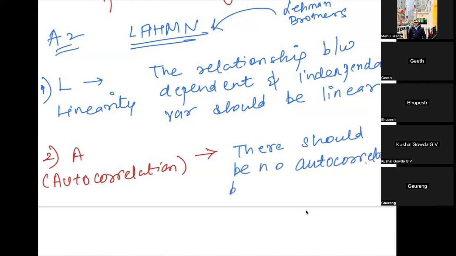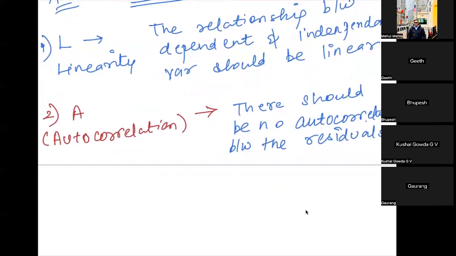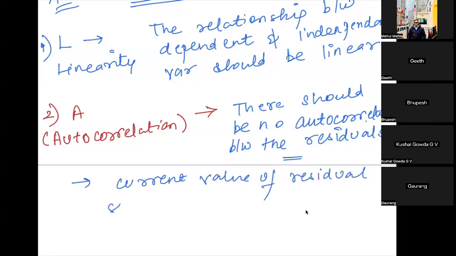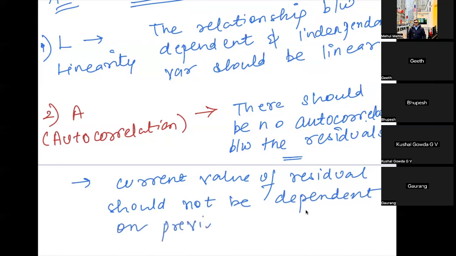Which basically means that your current value of residual should not be dependent on previous values of residuals.